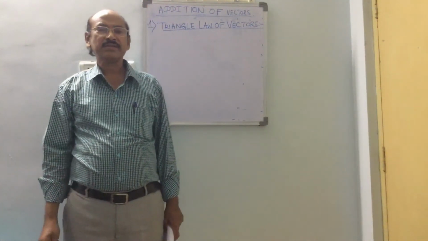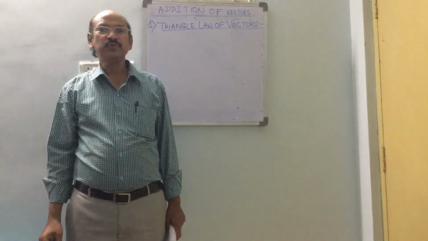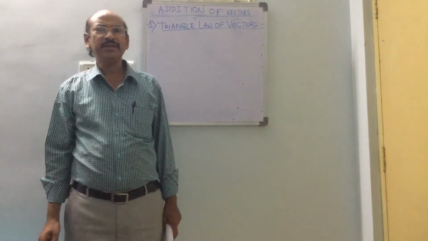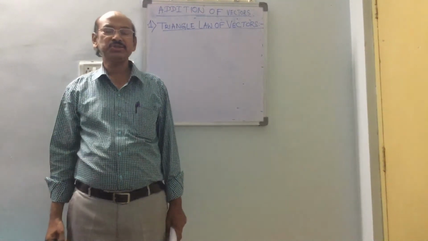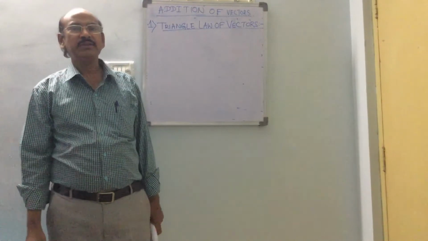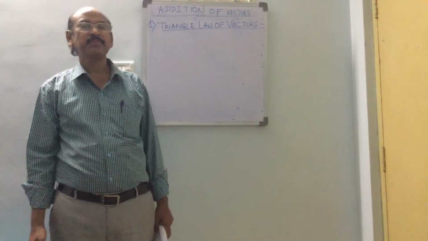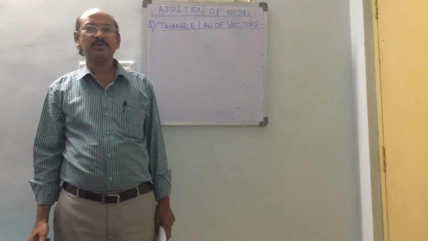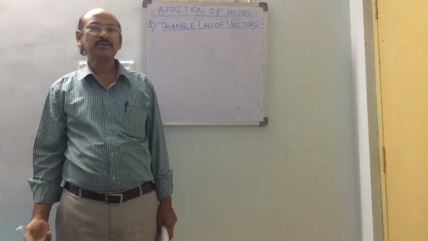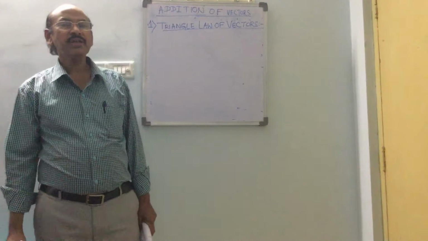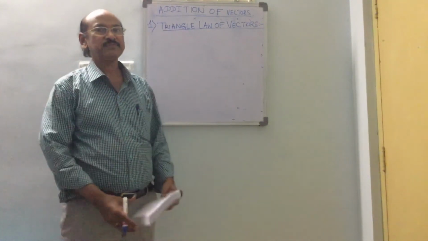Consider two vectors or two forces acting at a point, represented in magnitude and direction. Then the resultant is represented in magnitude and direction by the third side or closing side of the triangle taken in the opposite order.